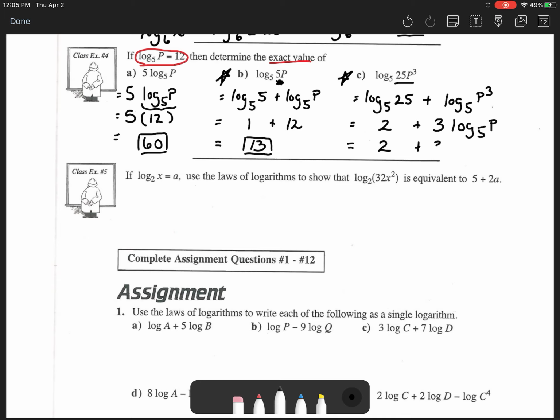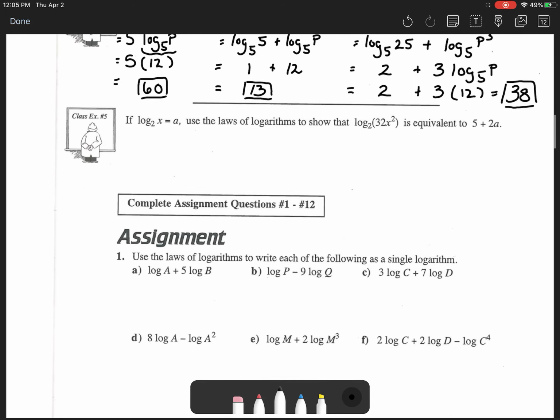And in the question, they told me, remember, that log base 5 of p has a value of 12. So this is 2 plus 3 times 12. 12 times 3 is 36, plus 2 more is 38. And there you go.